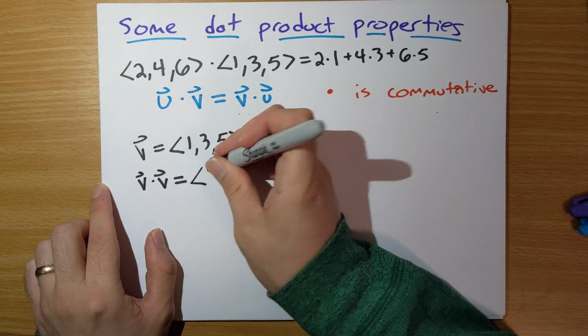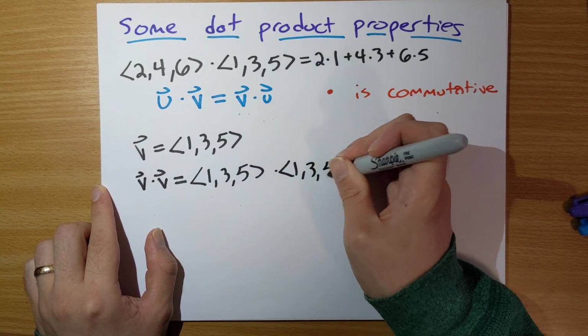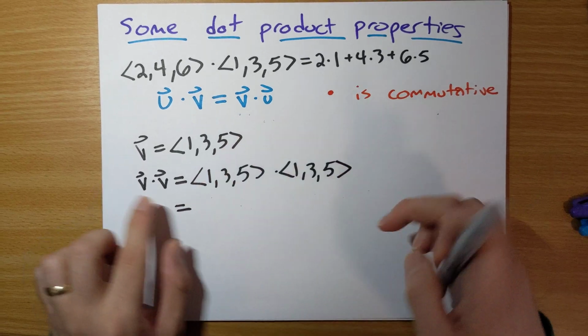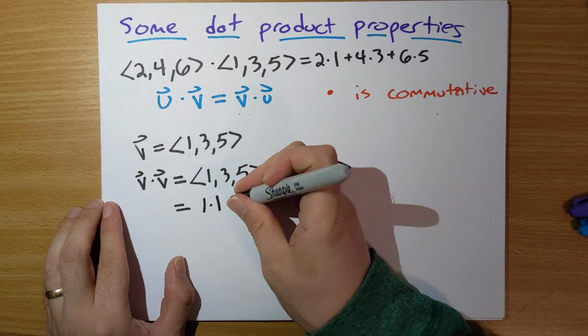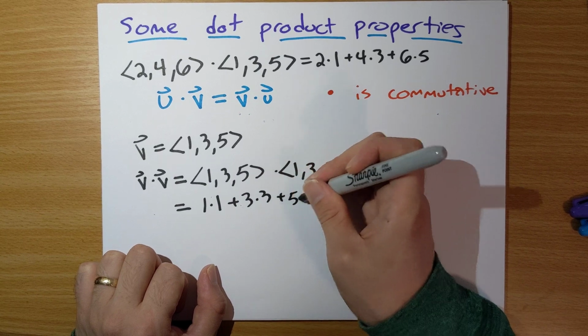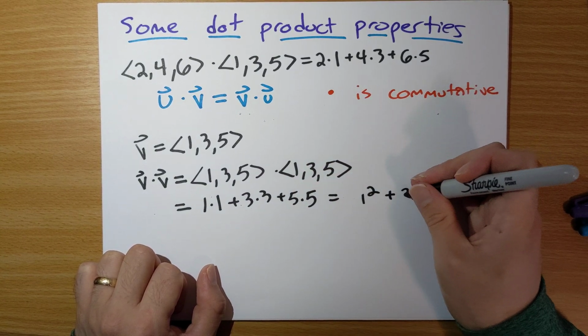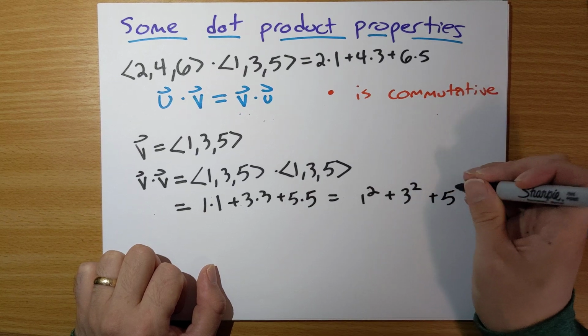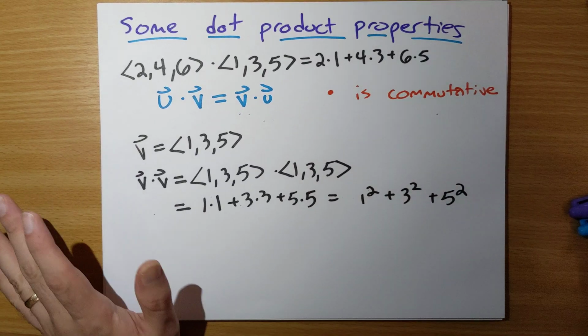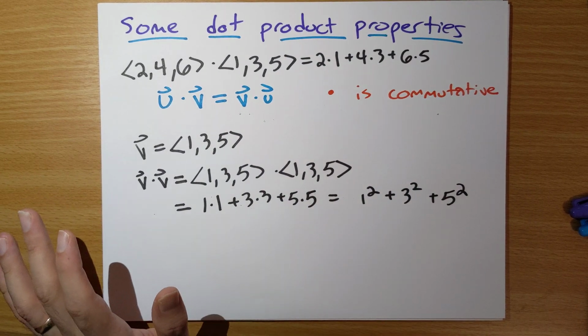That would be 1, 3, 5 dot 1, 3, 5. We would end up with 1 times 1 plus 3 times 3 plus 5 times 5, or I could write that as 1 squared plus 3 squared plus 5 squared. So, question, take a moment to think: does this look like anything that we've done previously?